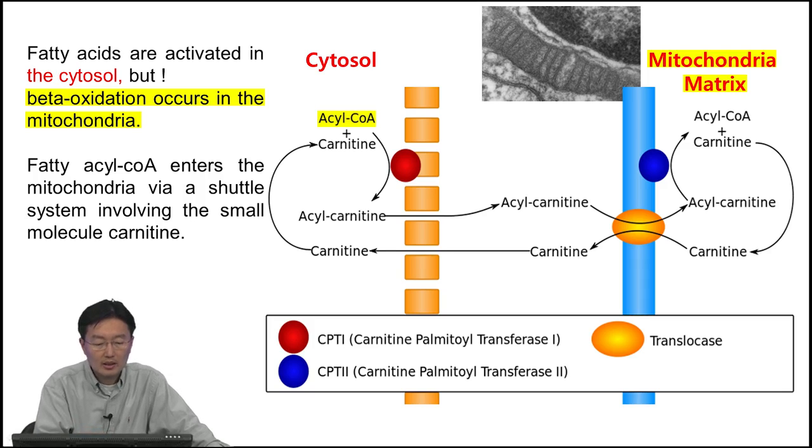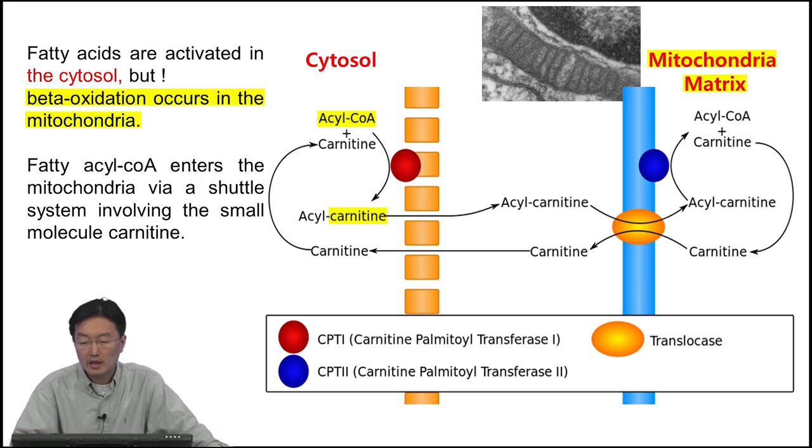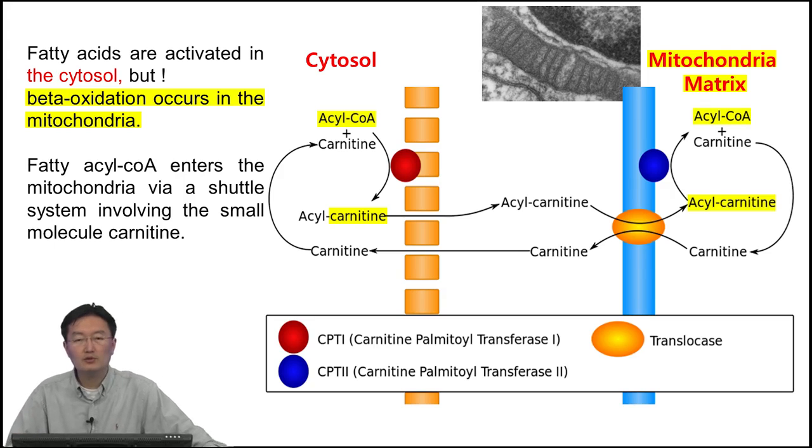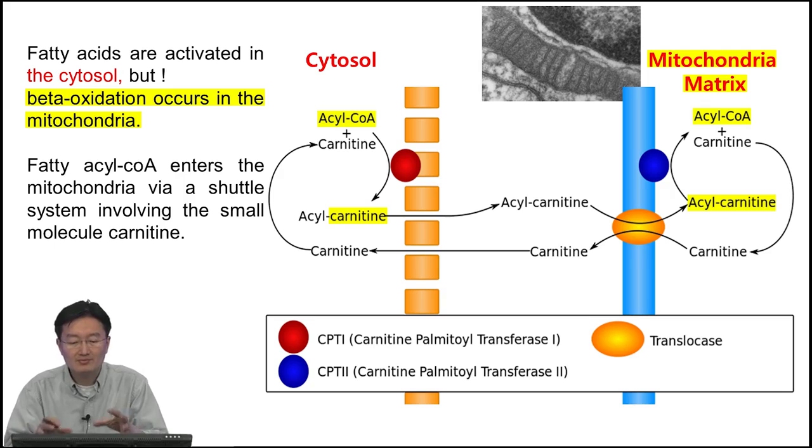So the CoA is replaced by carnitine, another organic compound, and the fatty acyl carnitine inside the mitochondrial matrix gets converted back to fatty acyl-CoA. You might be very curious about why this type of complicated transport process developed for fat oxidation.